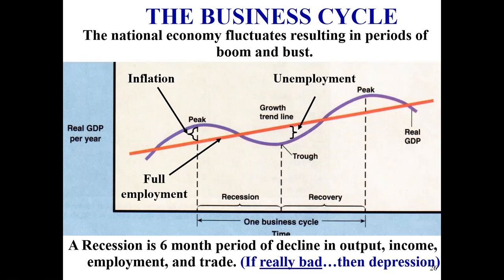And the full employment line is like the LRAS curve. So when you're at the peak, you're to the right, and you're lower than the natural rate of unemployment for full employment. And then here in the trough, you're higher.